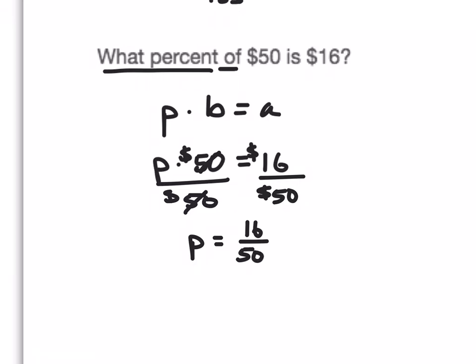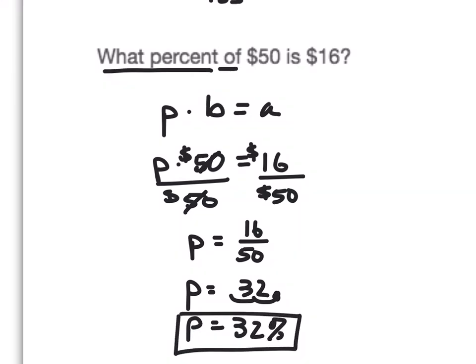Let's divide these two numbers and get a decimal, and we're going to get 0.32. That's our percent, but it's in decimal form, so we want to turn it into a percent. We move the decimal to the right 2 places, so we know that our percentage is 32%.